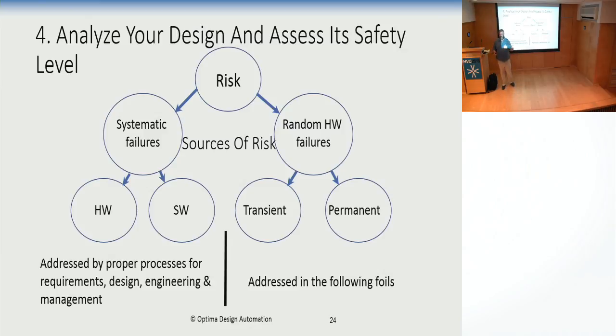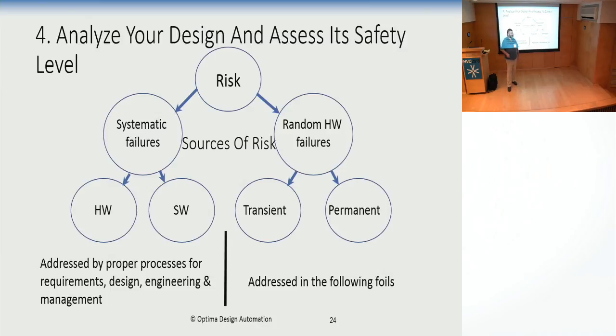If we are thinking about a systemic risk, you're going back to what we are all familiar with, which is how do I make sure that my hardware and software are bug-free, and it's always done by good design and by good validation and by good management to ensure that the product is relatively bug-free. How do I handle random hardware failures?